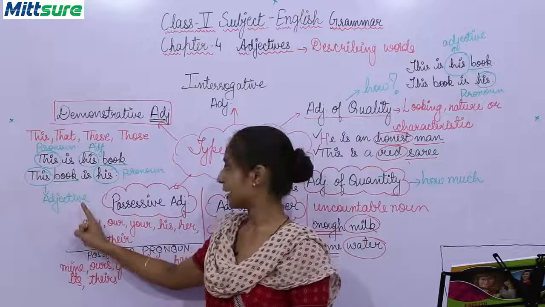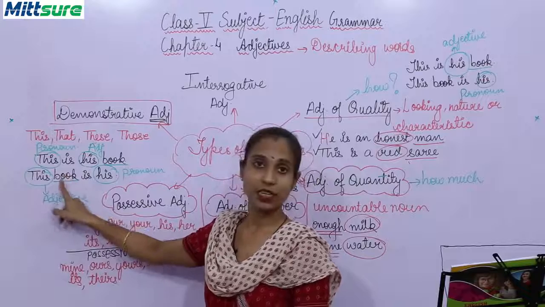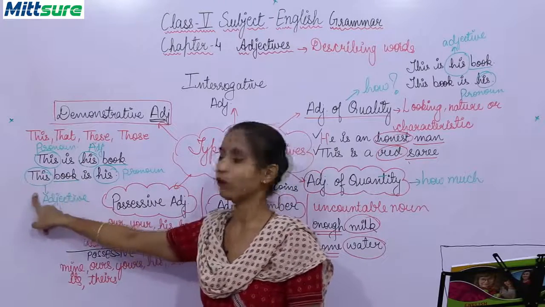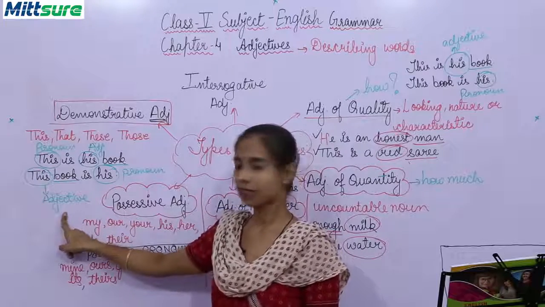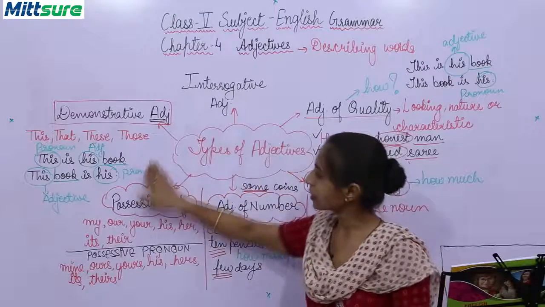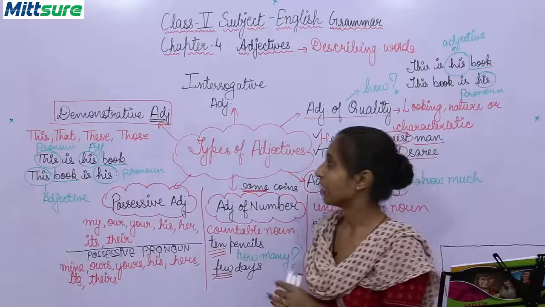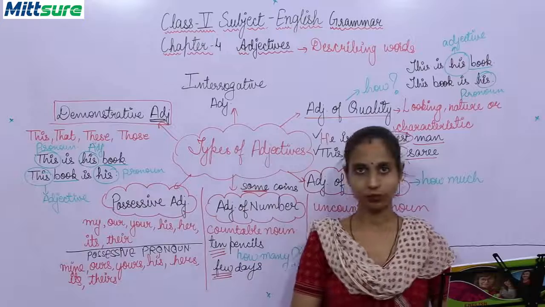Here, they are just coming before the noun book. This book, just before book. So, it will be an adjective. Right? And the other was a pronoun. I hope this is clear to you now, the difference between demonstrative adjective and demonstrative pronouns.